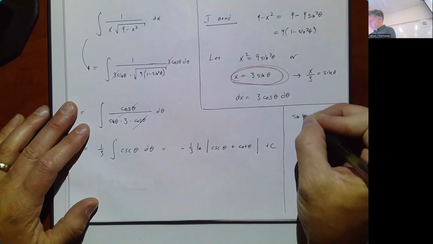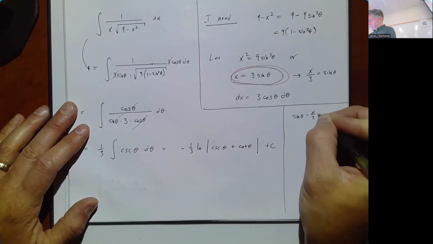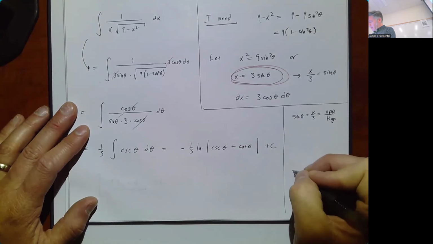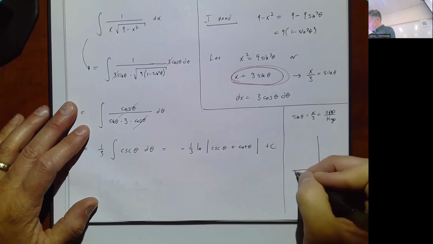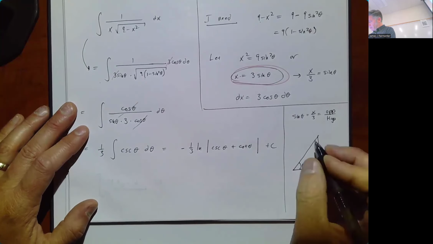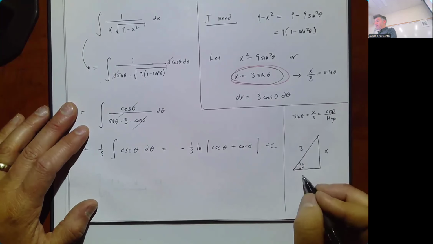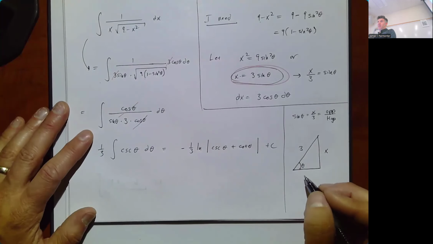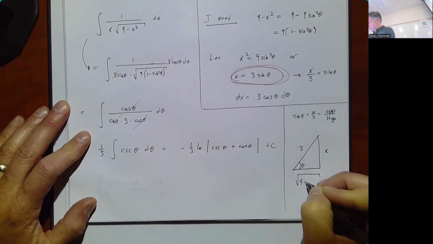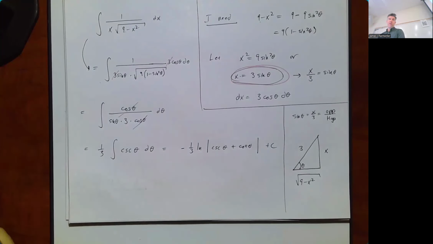So if sine of theta equals x over 3, which is opposite over hypotenuse, then I can draw the following triangle. The opposite side should be x, the hypotenuse should be 3, and the adjacent side, using the Pythagorean theorem, is going to come out to be the square root of 9 minus x squared, the square root that started the whole thing in the first place.